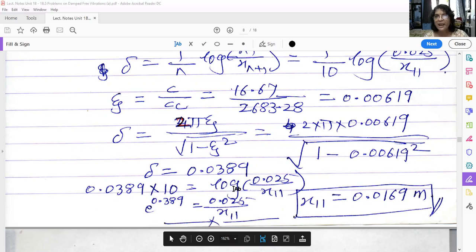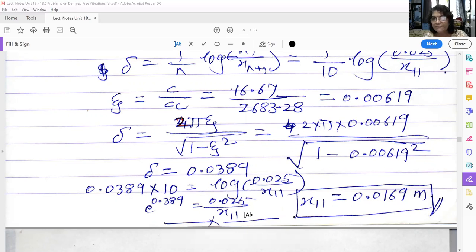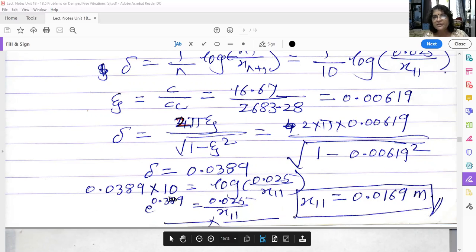So that will be anti-log is there. So it will simply become 0.025 upon x11. So x11 is equal to, take this on this side and e raised to this term on the right hand side. So x11 is equal to 0.0169 meter. Okay, so this is the amplitude after 10th cycle, x11.